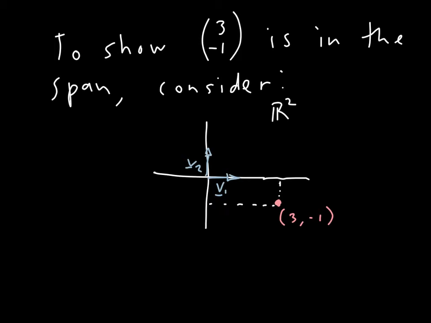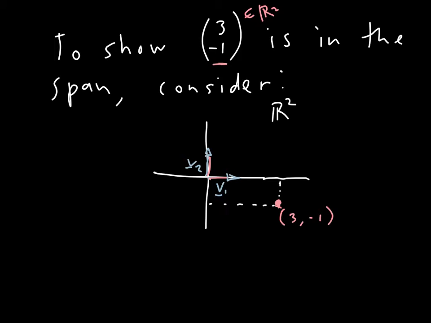Okay, so once again I've just got another vector here. So this is an element of R2, poorly drawn. I'm going to try to show you that it's in the span of our vectors v1 and v2. So if we consider our two-dimensional plane, and we have our v1 as before and our v2 as before, how can we get to the coordinate (3, -1)?